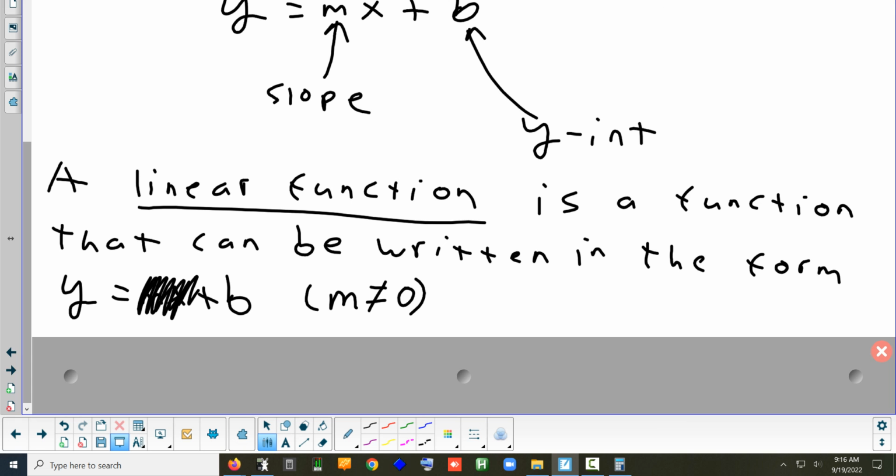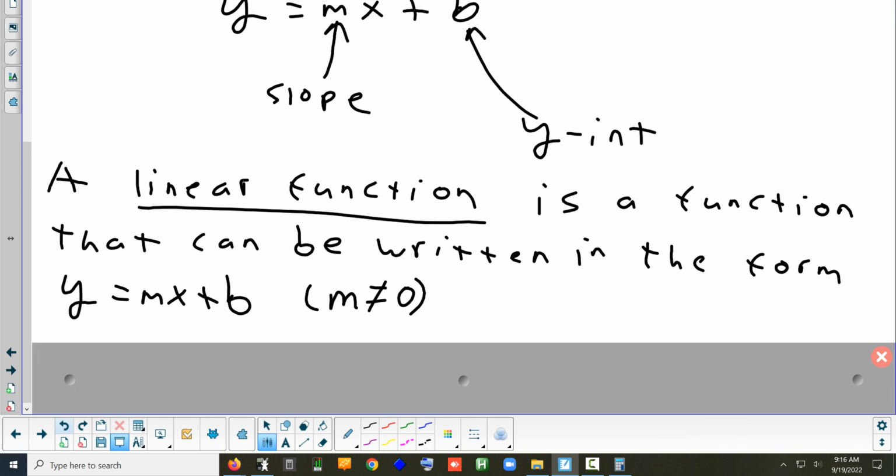That's called a constant function. In order for it to be a linear function, the slope has to be a number that's not 0. Any questions on that?